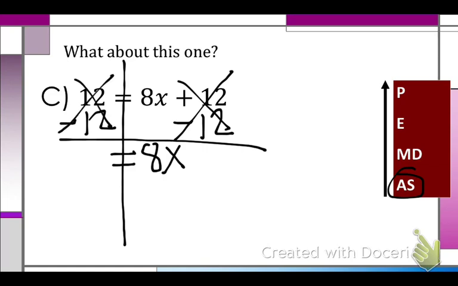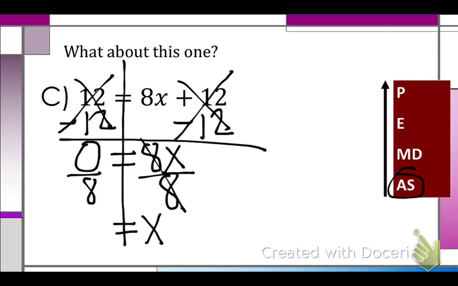Oh, my 12's cancel over there too. I'm left with 0. This one you might be able to solve right here. What times 8 equals 0? You might be able to tell me. Or you can divide both sides by 8. 8's cancel, so I'm left with x equals 0 divided by 8 is 0.